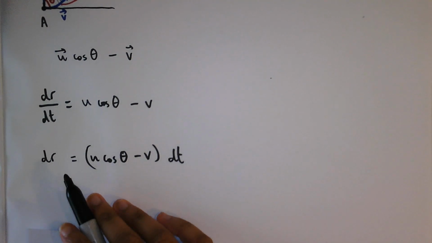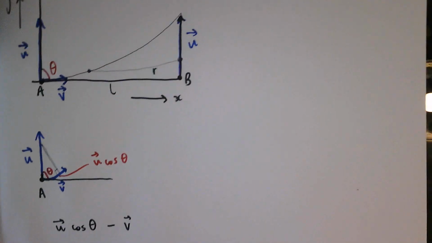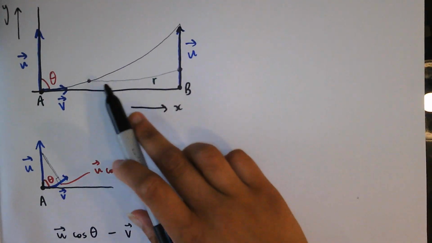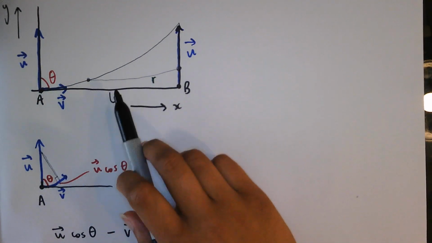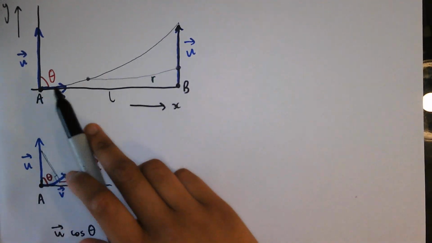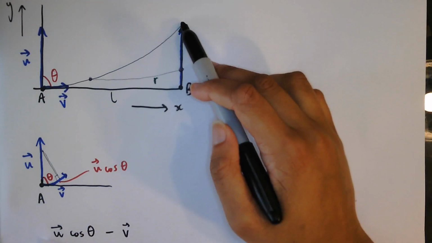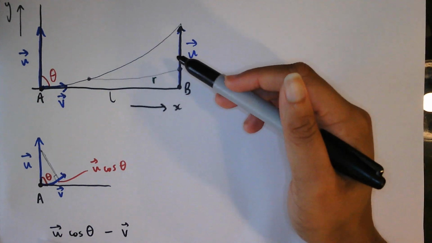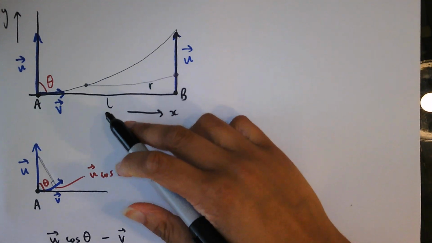First I need to decide what limits I'm going to use. r is the distance between the points A and B, and initially that distance was equal to L, the initial distance between A and B. But at the point when A and B collide, the distance between them is going to be 0. So our lower limit is going to be L, and our upper limit is going to be 0.